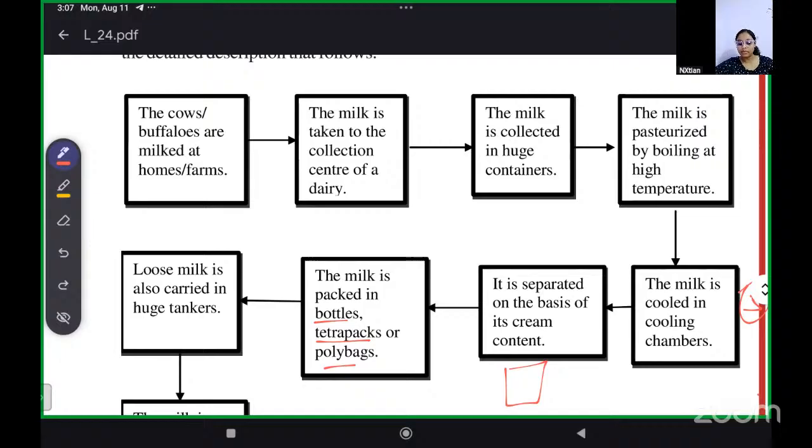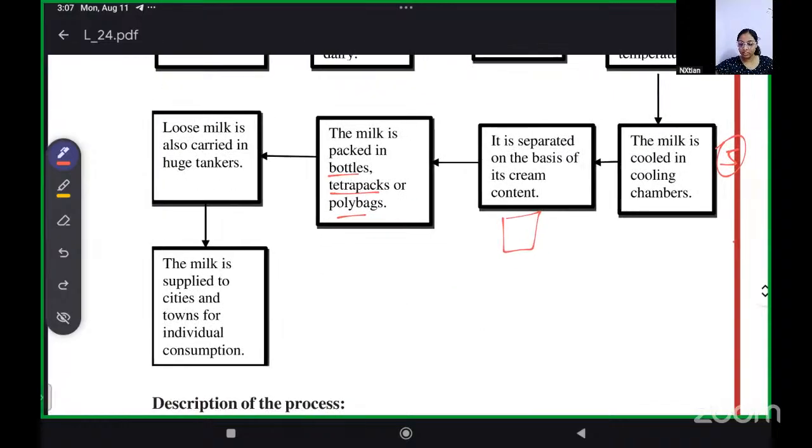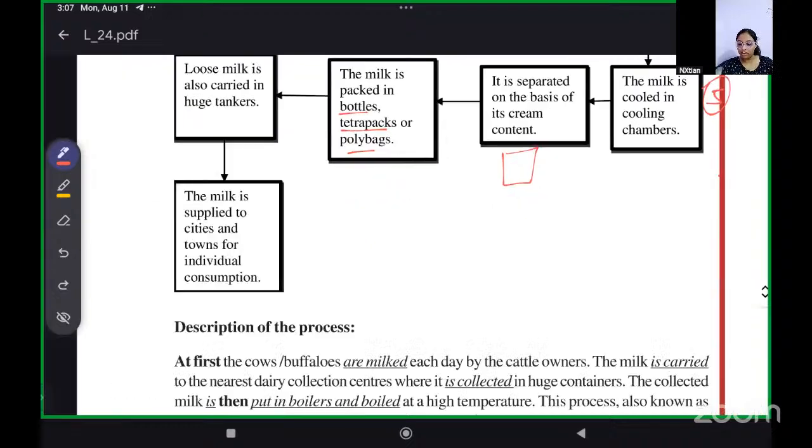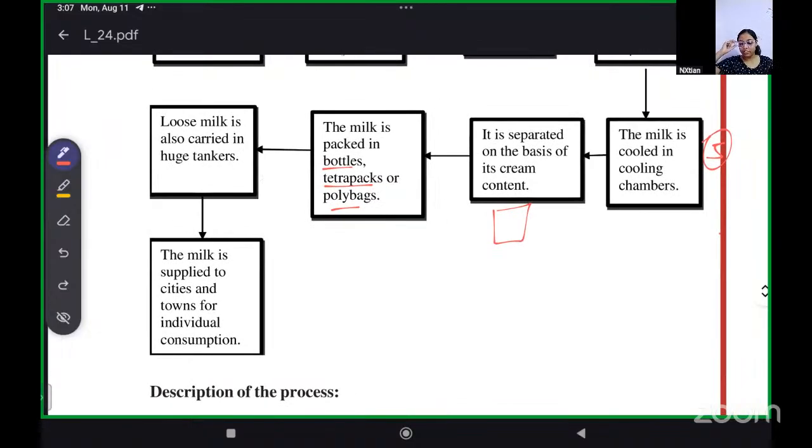Then loose milk is also carried in huge tankers, and the milk is supplied to cities and towns for individual consumption. Okay, so guys, they also have separate tankers.